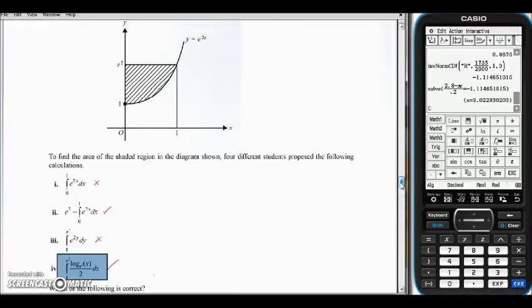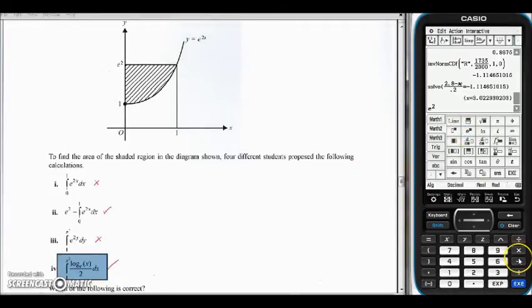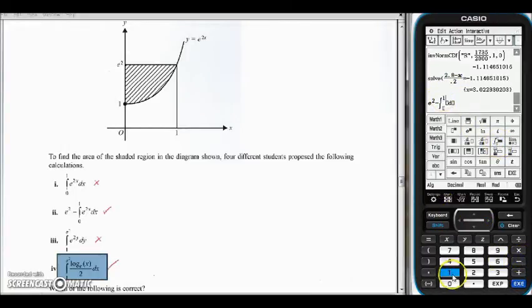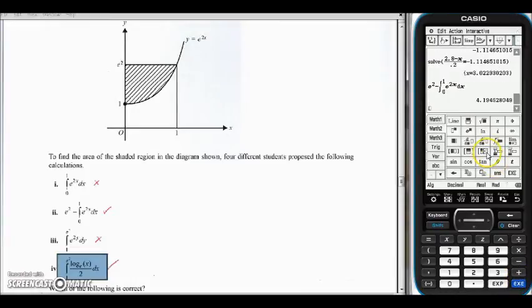Now, if you had no idea about the inverse, what you could have done is, if we knew that the second was right, we could type in e squared minus the integral from 0 to 1 of e to the 2x. So we could work out what that is and find that it is 4.19.